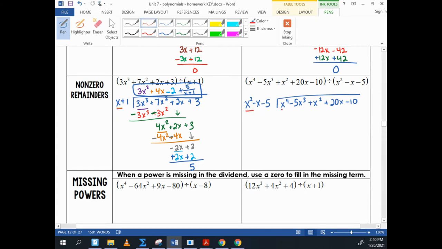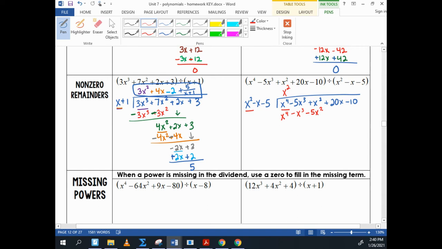Same steps, just figure out what you multiply x squared with to get x to the fourth. Well, you need an x squared. And then this x squared gets distributed to all three terms. So x squared times x squared is x to the fourth. x squared times negative x is negative x to the third. And x squared times negative 5 is negative 5x squared right there.